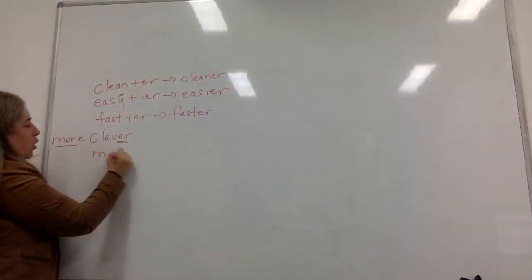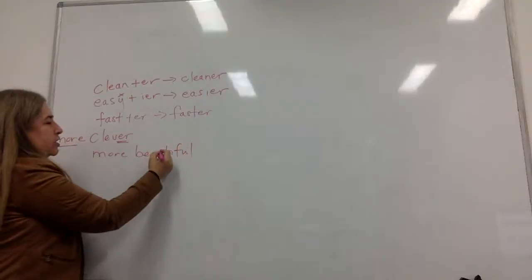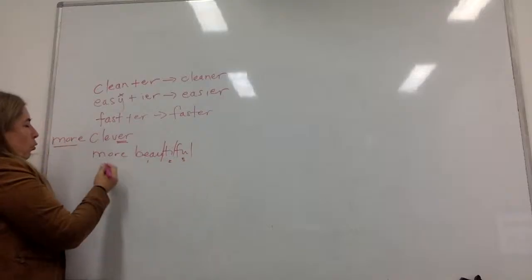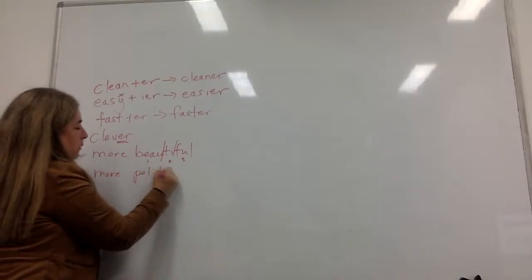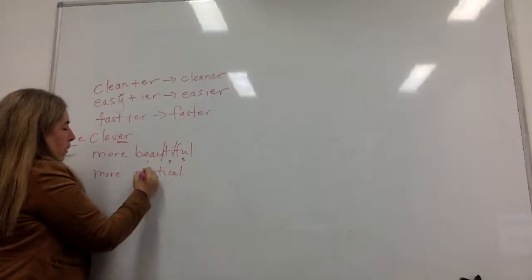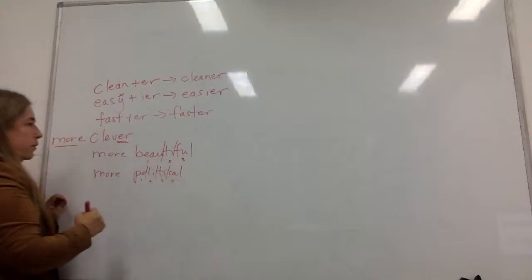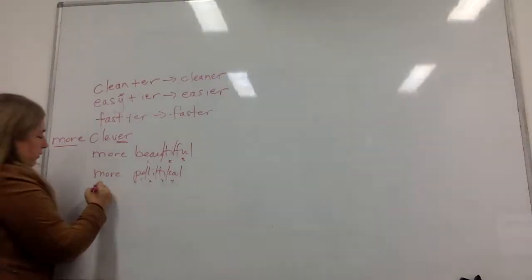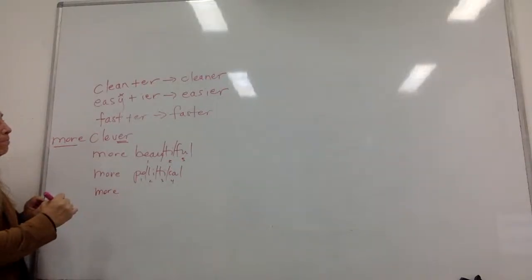So let's have a look at that. So we say more beautiful. We said we've got beautiful. 1, 2, 3. We said, what was it? More political. So political. 1, 2, 3, 4. Yes. Political. And also we have more, what do we say?